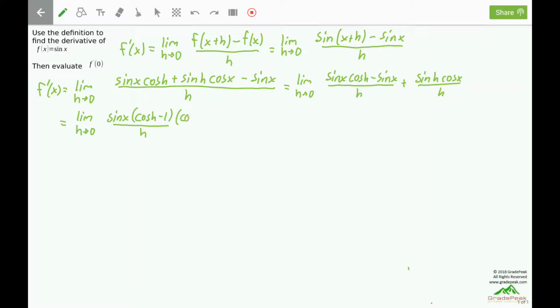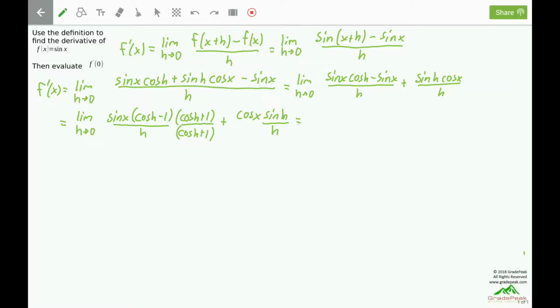So this first fraction, I'm going to be multiplying by the cosine of h plus 1, the trig conjugate, over itself, a form of 1, so that when we multiply, we don't change the value. Now we have a second fraction, and that one will be cosine of x times the sine of h over h. Now the sine of h over h, we already have an identity for. That limit will be 1 as h goes to 0.